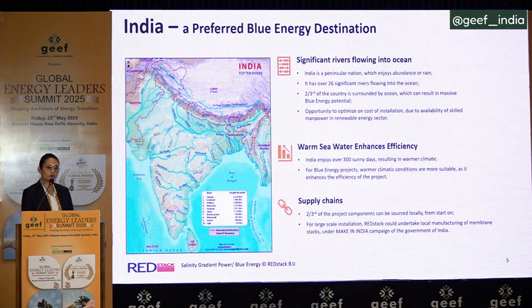One of the most important things about blue energy is that roughly 2/3 of the equipment used can be sourced locally, because it consists of pumps, pipes, switches, cables, etc. Only 1/3 of the blue energy cost, which is the stack cost today, will be imported from the Netherlands, because this technology today belongs to the Netherlands, and eventually we would like to bring it to India under the Make in India initiative of the Government of India.